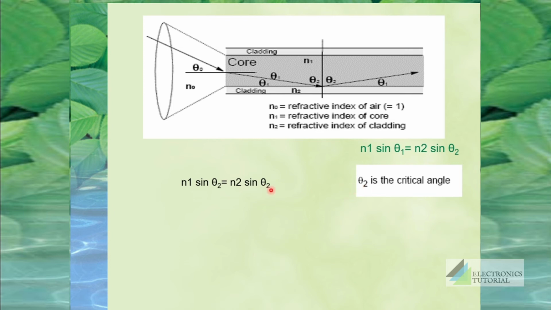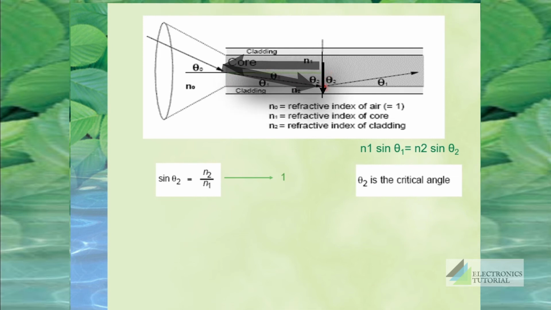So the refracted beam theta 2 can be replaced as 90. Sin 90 is equal to 1. So we'll write it as n1 sin theta 1 is equal to n2. Now we can write sin theta 2 is equal to n2 by n1. We can mark this as equation number 1.